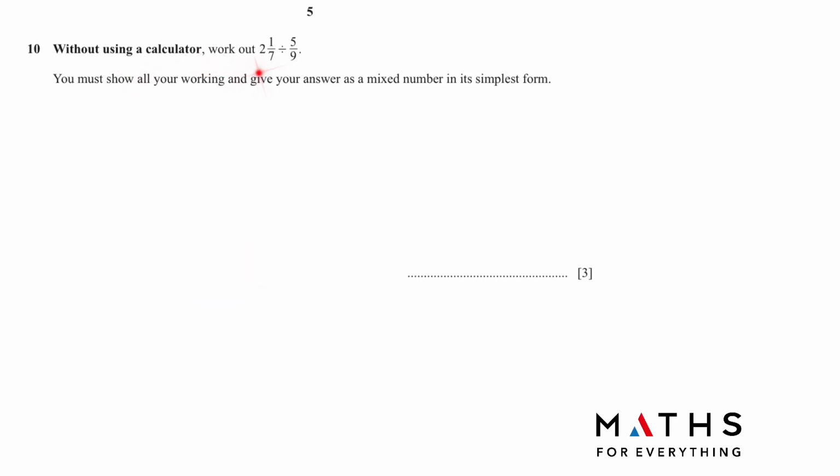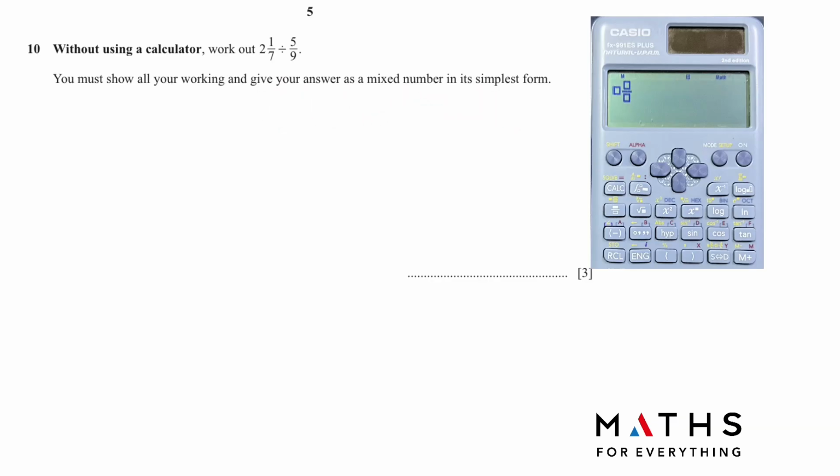Without using a calculator, work out 1 over 7 divided by 5 over 9. You must show all your working, giving your answer as a mixed number in its simplest form. I will show you how to use the calculator to convert the mixed number into improper fraction. You press this shift button and then you press this fraction button.